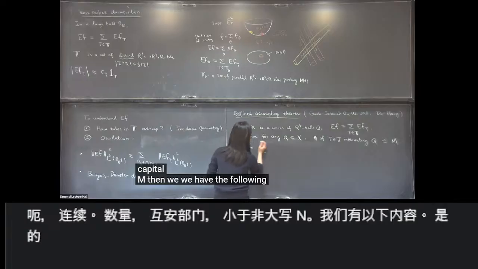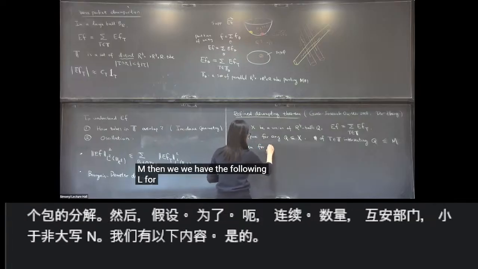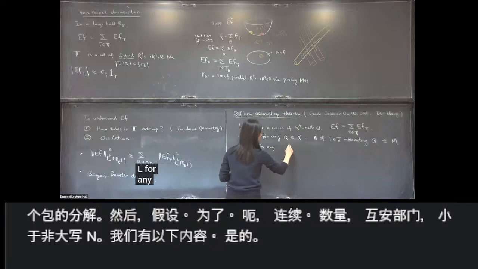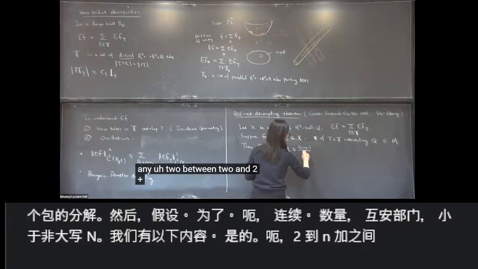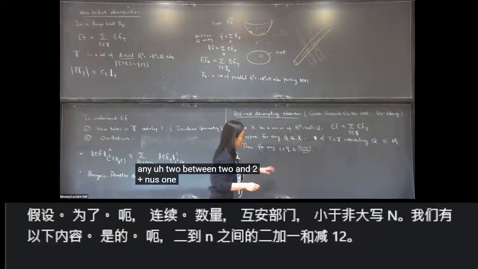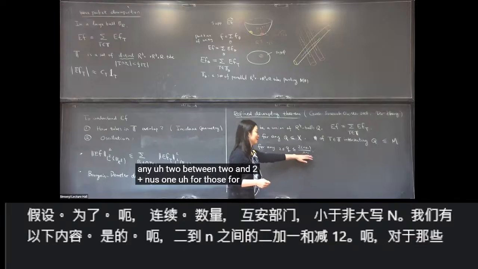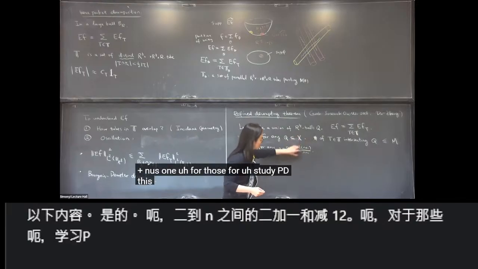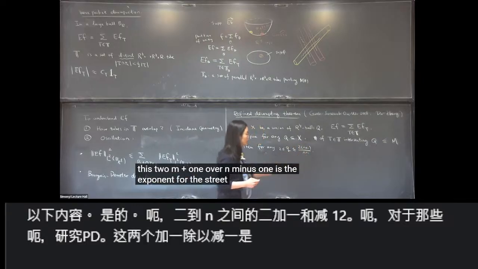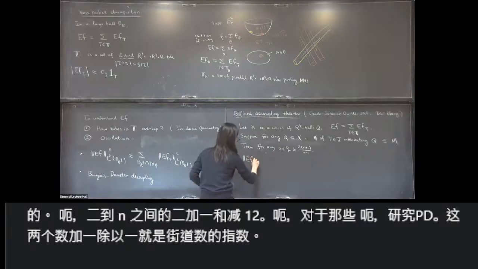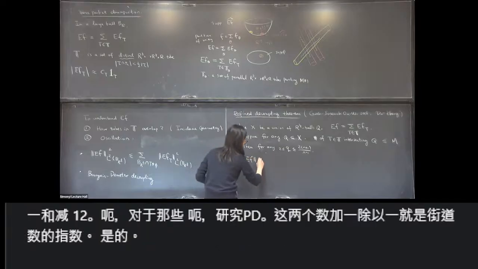Then for any Q between 2 and (2n+1)/(n-1). For those who study PDE, this (2n+1)/(n-1) is the exponent for the Strichartz estimate. They are closely related.